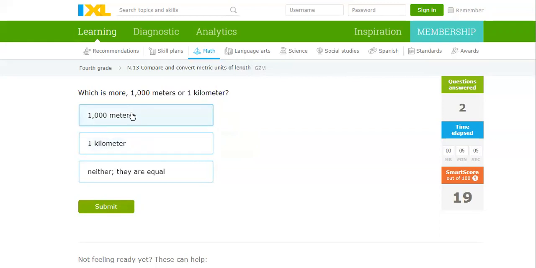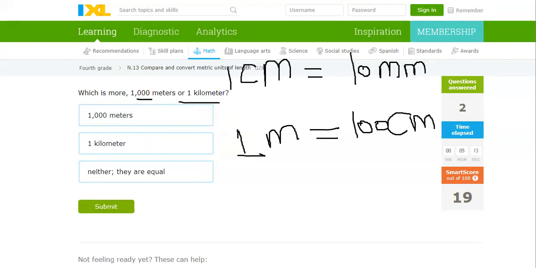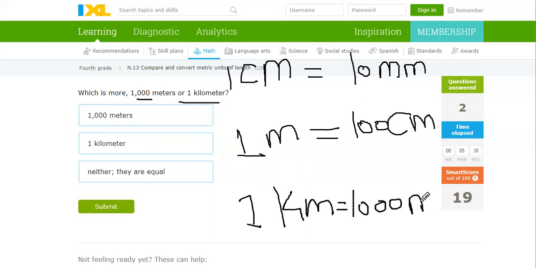Which is more, 1,000 meters or 1 kilometer? Again, let us begin with the end in mind and continue our pyramid. What do we know about 1 meter and 1 kilometer? We know that 1 kilometer equals 1,000 meters.